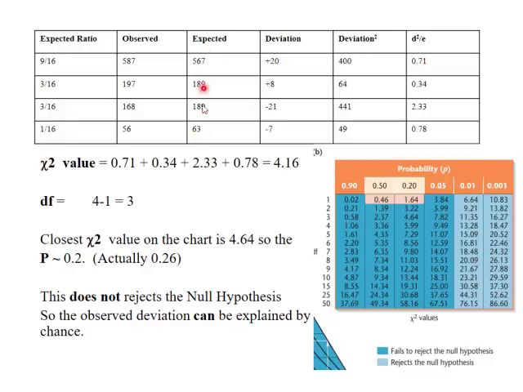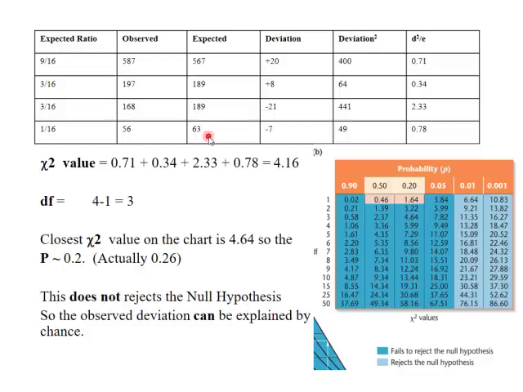So now we have our expecteds, we have our observed, and we can go through our calculations just like we did before. So we take 587 minus 567, observed minus expected, and it gives us a deviation of 20. Observed minus expected here gave us 8. Observed minus expected here gave us a negative 21.